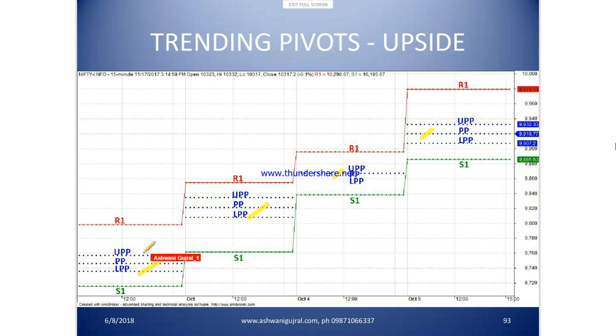Once we know it is trending, how do we know? Because these central pivot ranges are moving up, so it's an upward trending market.